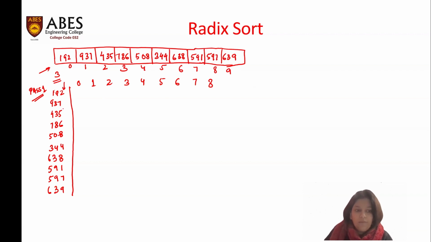So let me check if there is any number which is having 0 on the ones digit. No, there is no number. Then we will look at the numbers which are having 1 at the ones digit. Yes, we have 591. So we will write this 591 over here. Let me just create some rows so that it becomes easy for us to understand.